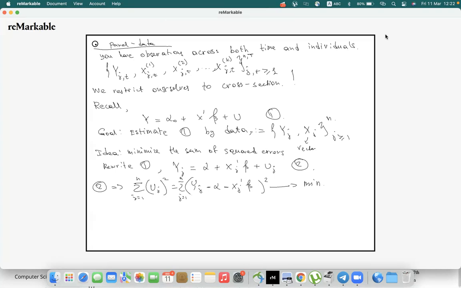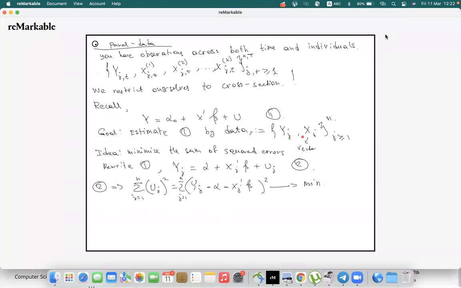What do you have? I mean, what is known here? What is known? Just think about it: you collected the data on what? Here you collected the data.